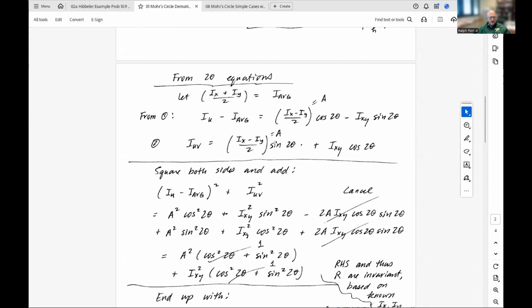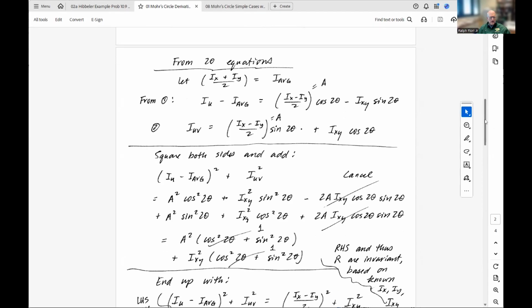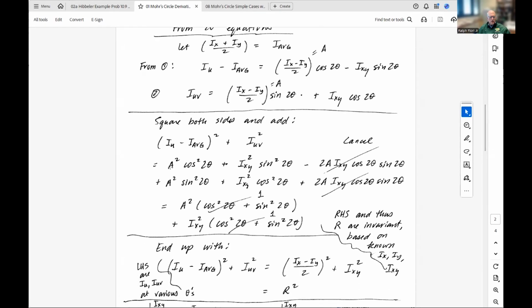The 3 terms from the second equation are A squared sine squared 2 theta plus Ixy squared cosine squared 2 theta plus 2A Ixy cosine 2 theta sine 2 theta. So I have 6 terms on the right-hand side. I have a minus 2A Ixy term and a plus 2A Ixy term, and these cancel.